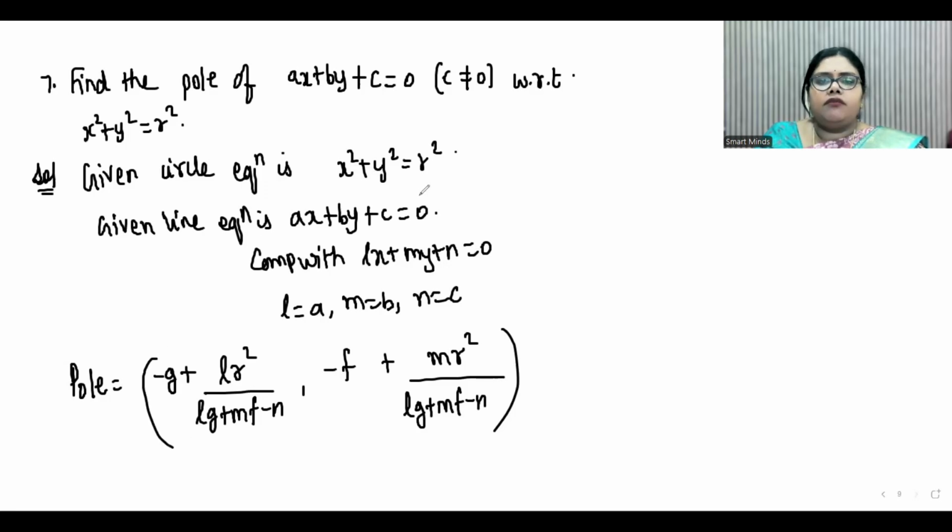Now we substitute the values. See, the circle equation is in standard form, so the center is (0, 0). That means g and f are also 0 and 0.